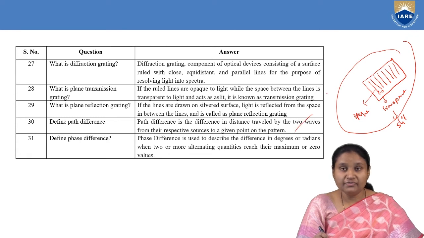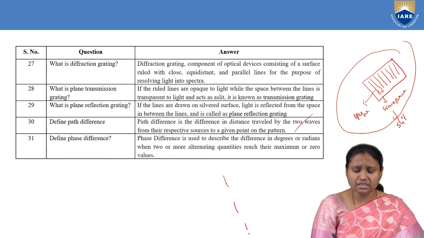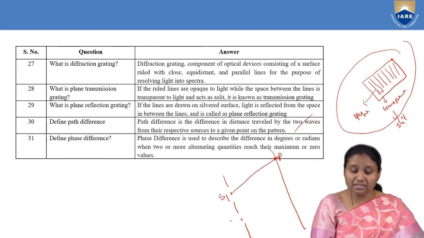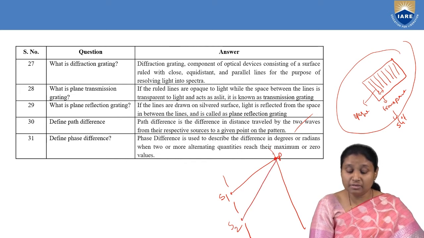What is path difference? Suppose I have two sources, and this is my screen. I have selected one point P on the screen. I have one wave starting from one source and reaching point P on the screen, and another wave starting from another source and reaching the same point.